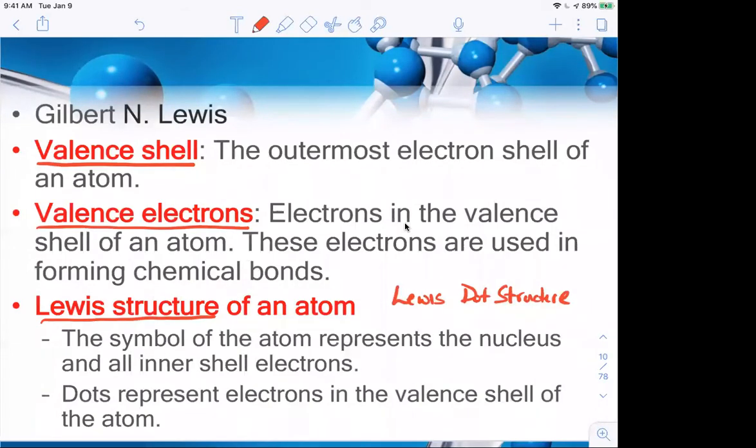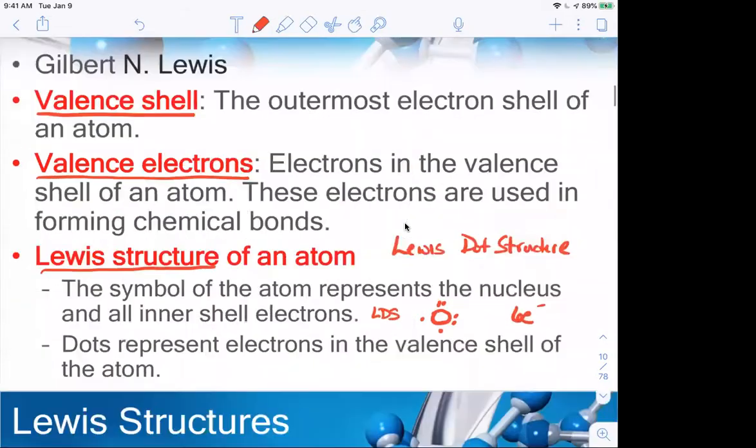The dots are going to represent electrons in the valence shell of the atom. So for oxygen, I have 6 electrons in the valence shell, so I would have 1, 2, 3, 4, 5, 6. And this would be the Lewis dot structure for the oxygen atom as taken off of the periodic table.